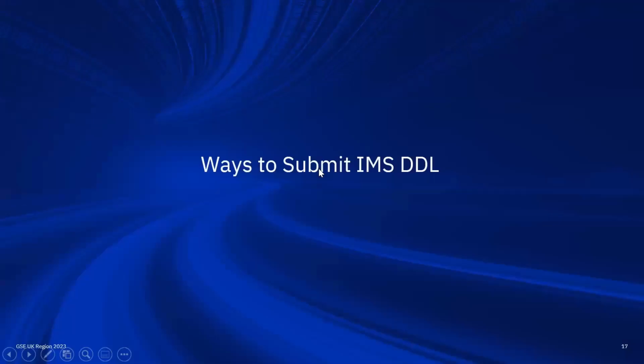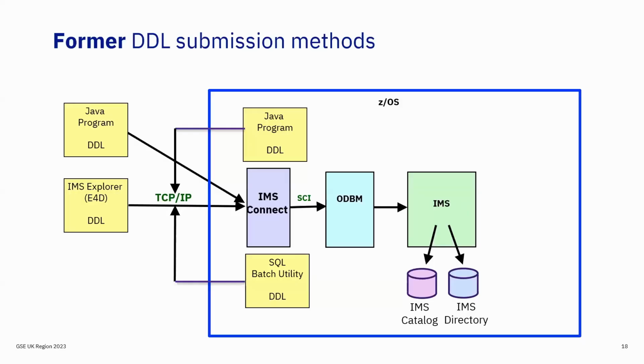Okay. So I've given you a high-level look at what the syntax looked like for coding DDL in IMS. Let's talk about submitting DDL in IMS. As I mentioned, there have been three ways. One is you can write a Java program to submit DDL. The other is IMS Explorer for development. You can use that to submit DDL, or you can write a SQL batch utility.